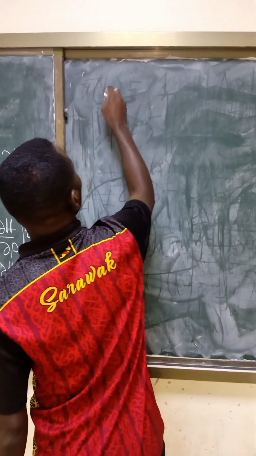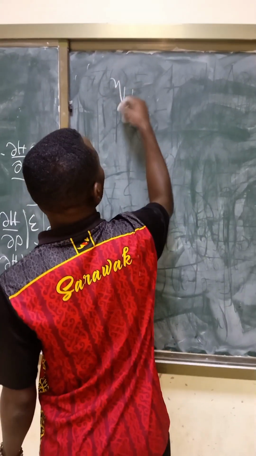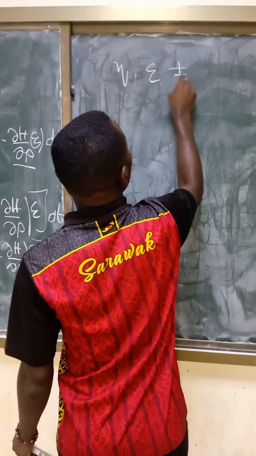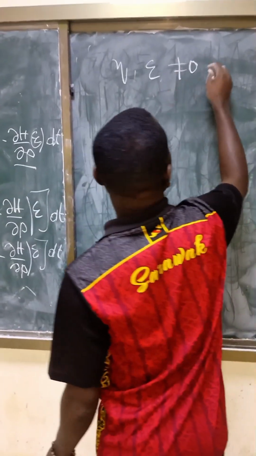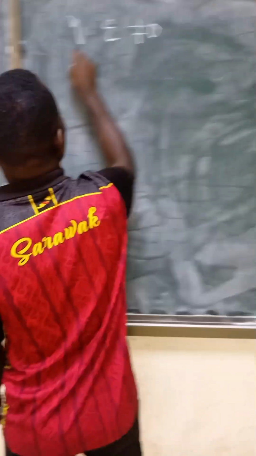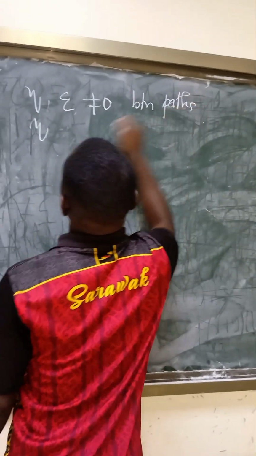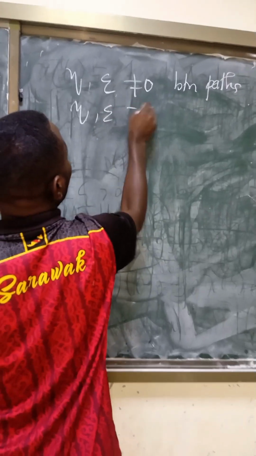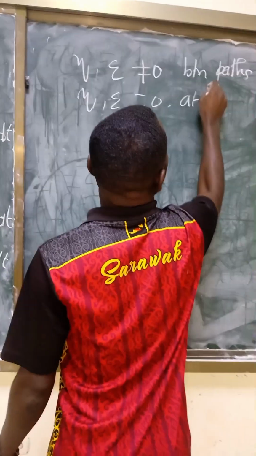Those constants, theta and epsilon, are different from 0 between the paths, and they can be equal to 0 at the boundary.